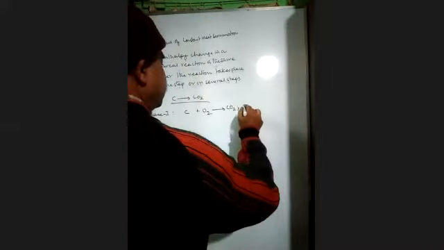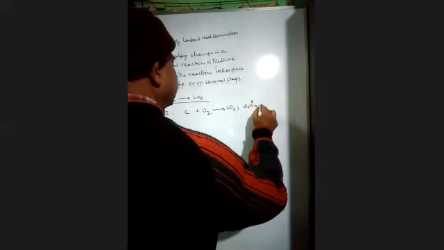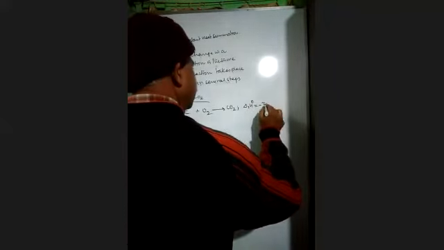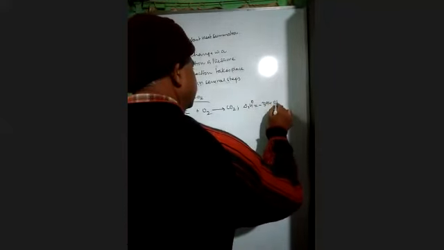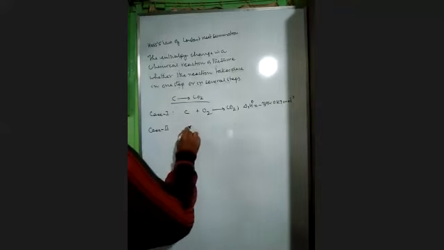This is an exothermic process because if you burn coal or carbon, it produces heat. So in this case, enthalpy of reaction is equal to minus 394.0 kilojoule mole inverse.